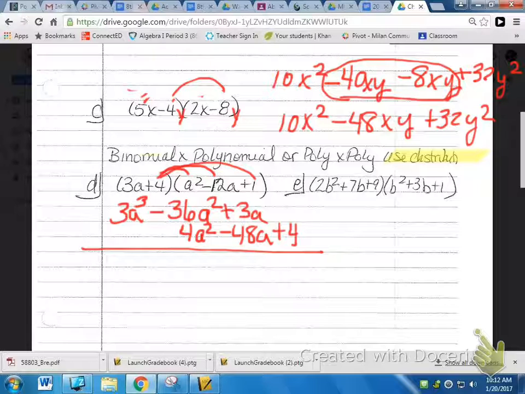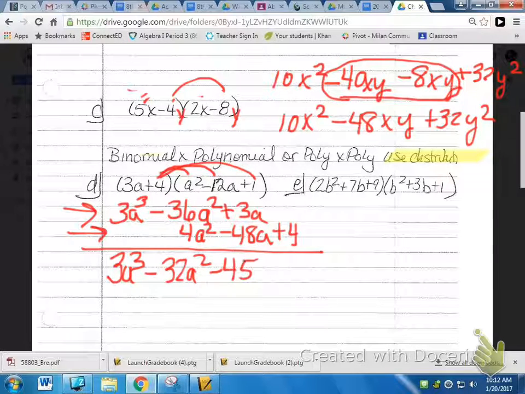My variables have to be lined up with like terms. I took 3a and distributed it through first for this first row, and I took 4 and distributed it through for the second row. Now let's combine the like terms. 3a cubed minus 32a squared minus 45a plus 4.